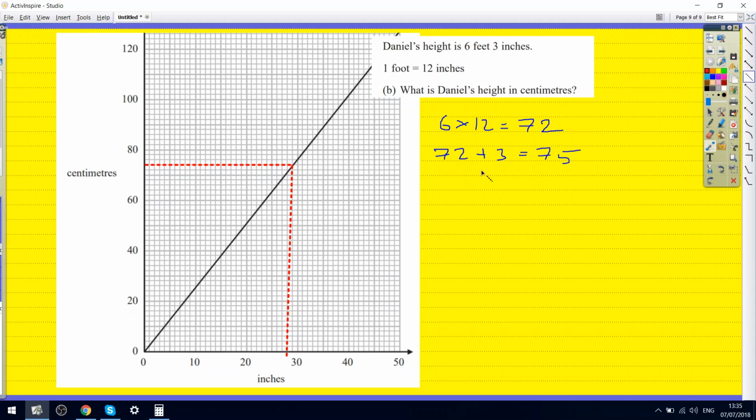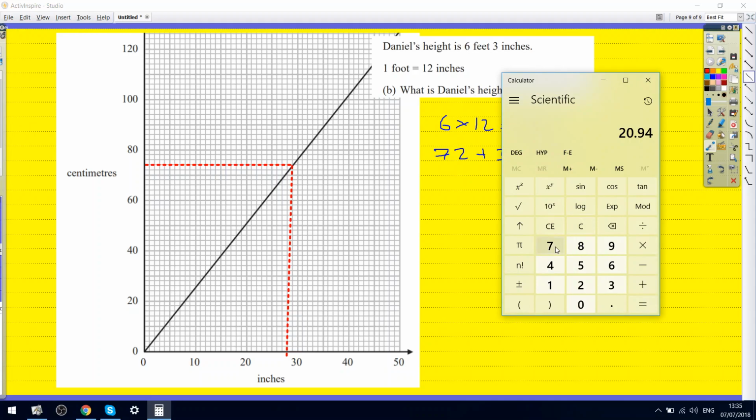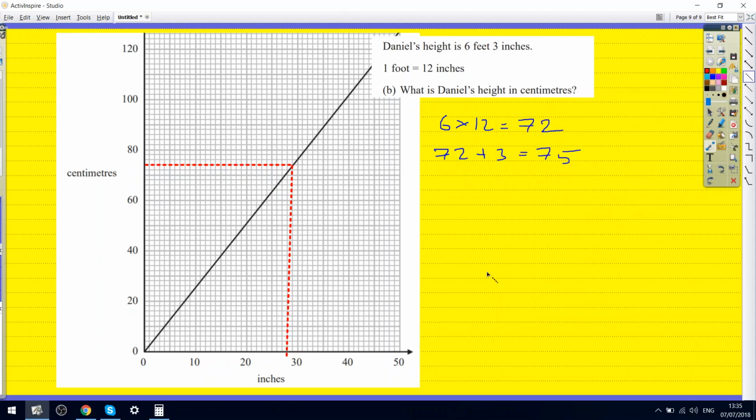Well, we know 1 foot is 12 inches, so we could just times it. You could half it. Let's half it. So 75 divided by 2 is 37.5. So what could you do with that? So that would be 37.5 inches, and then you can times it by the 5, centimeters.